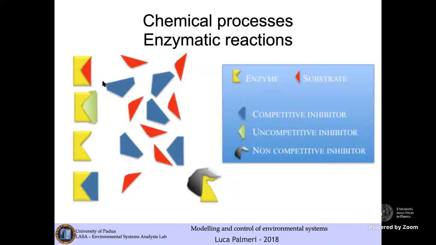In the case of competitive inhibitors, you employ, for example, pharmaceuticals which have a shape that is similar to the substrate, so that this object can, for example, occupy one enzyme. So in practice, this is reducing the number of available enzymes for the reaction.